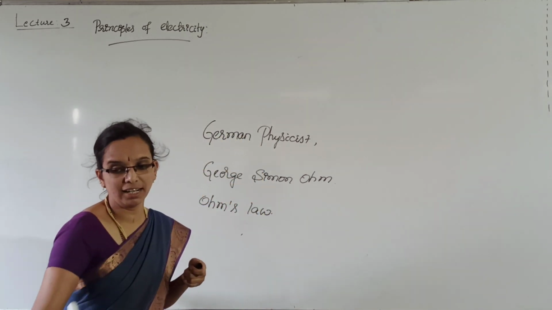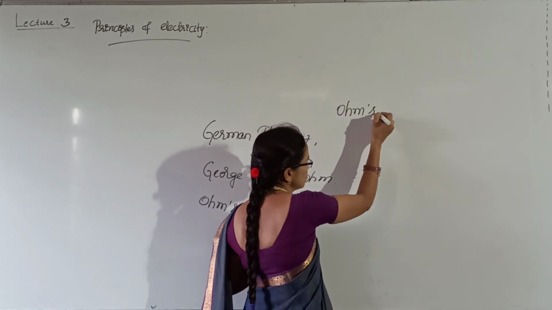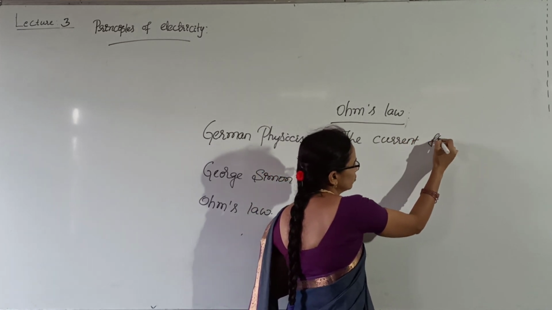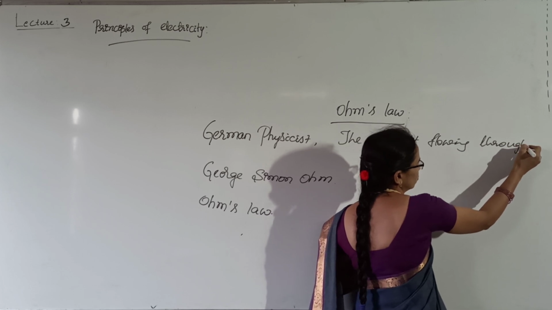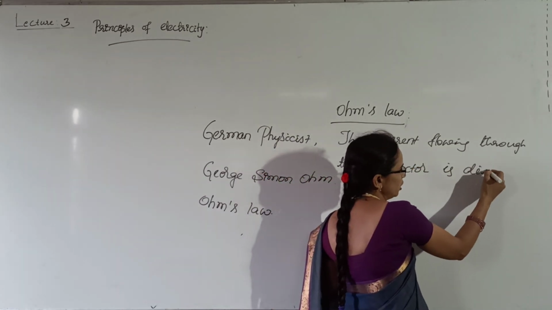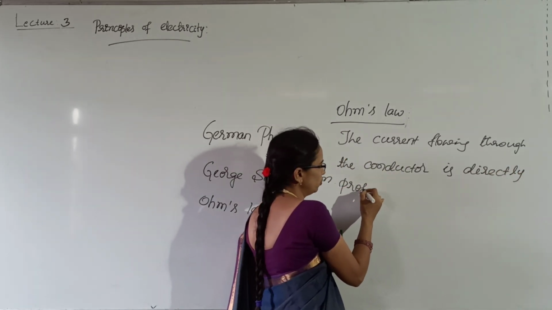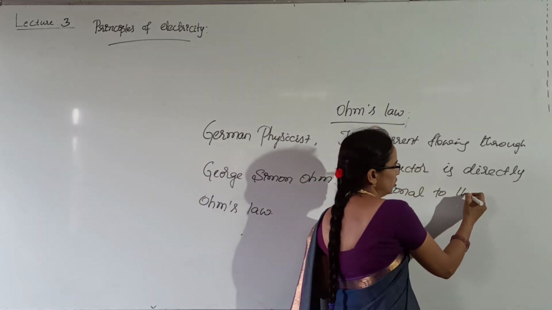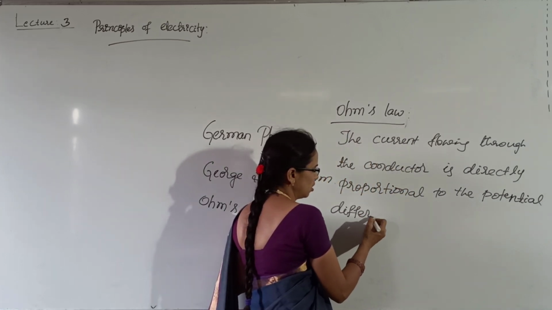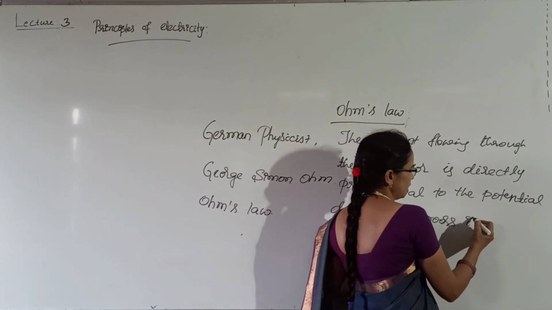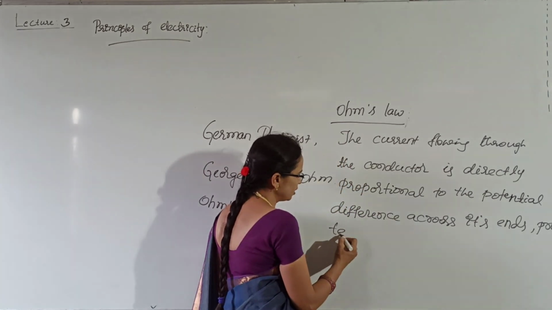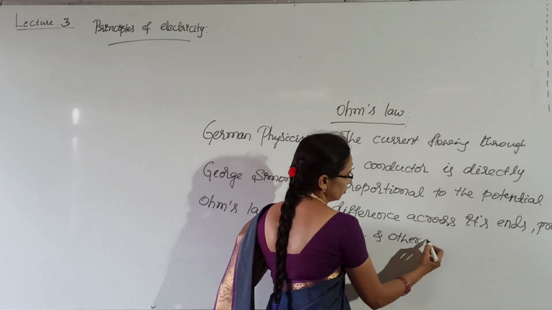That is, Ohm's law states that the current flowing through the conductor is directly proportional to the potential difference across its ends, provided the temperature and other physical conditions remain constant.